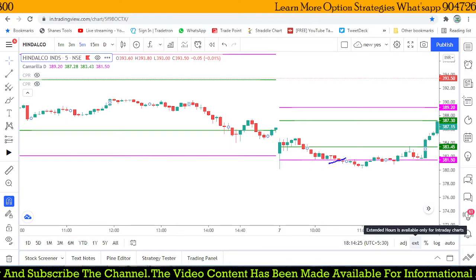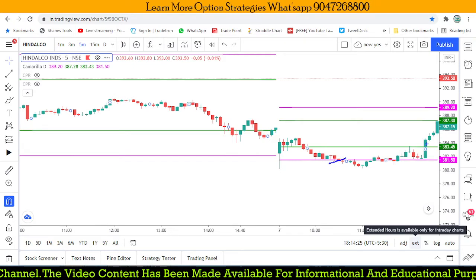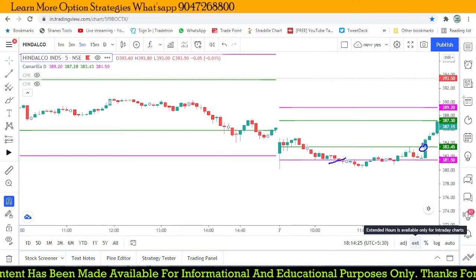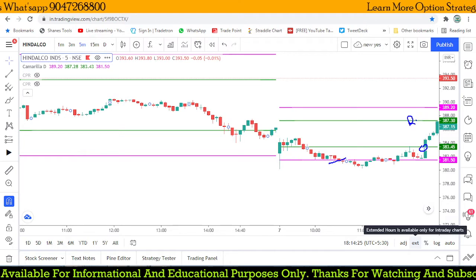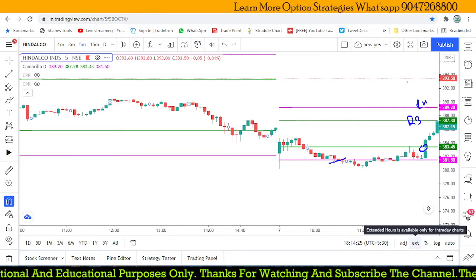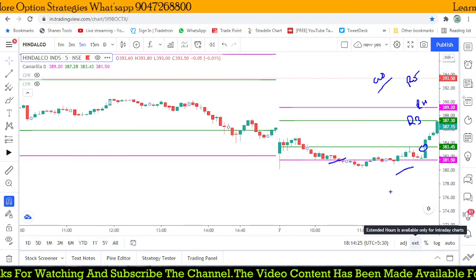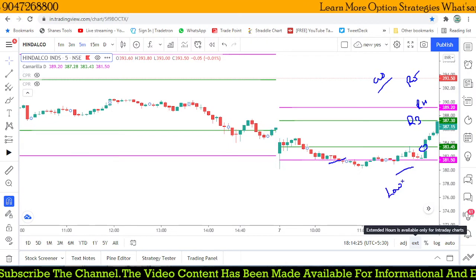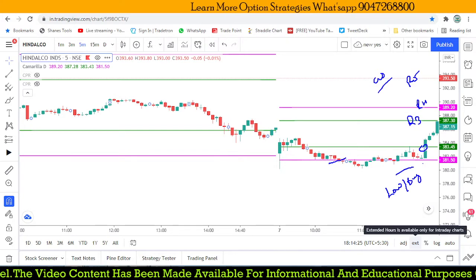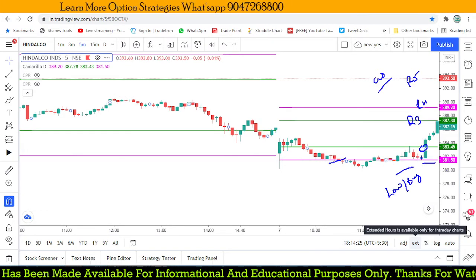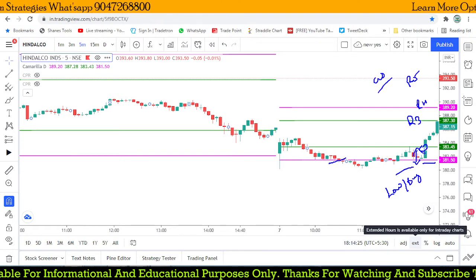Initially it gave me a sell opportunity, but it then reversed, so maybe it can test R3, R4, even R5 as my target, because I took that buy at a low level. I can keep the same 2 rupees stop loss for the trade.